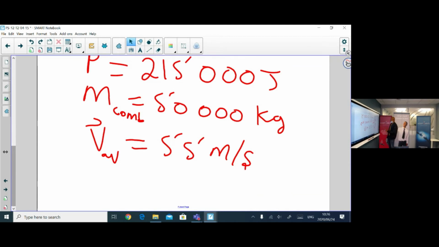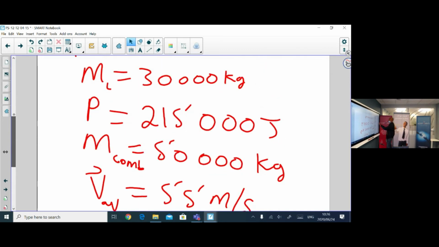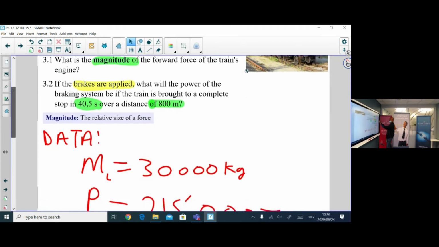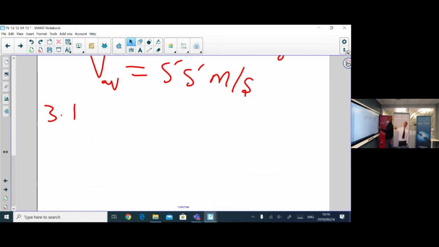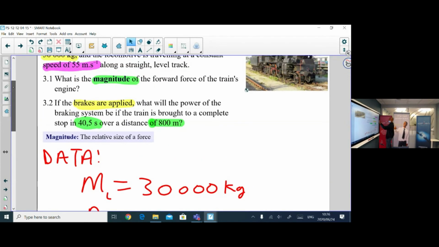What else? Okay, we have to calculate 3.1. Calculate the magnitude of the force of the train's engine.